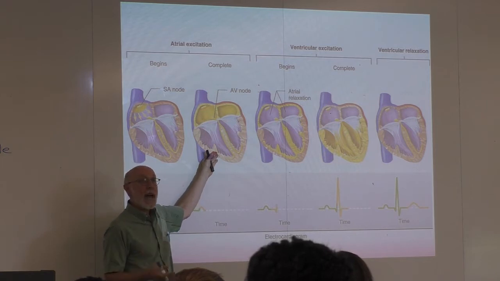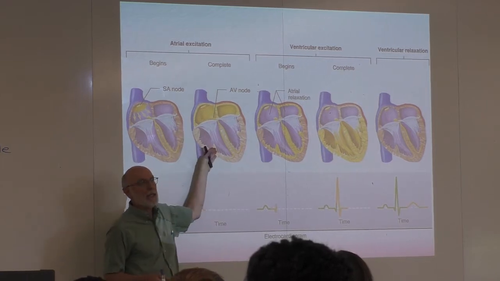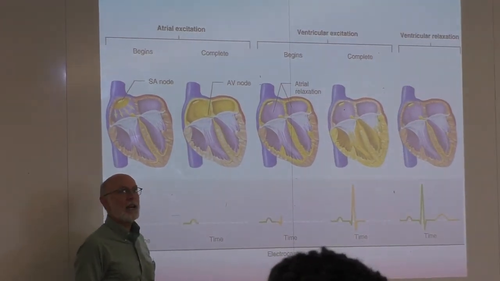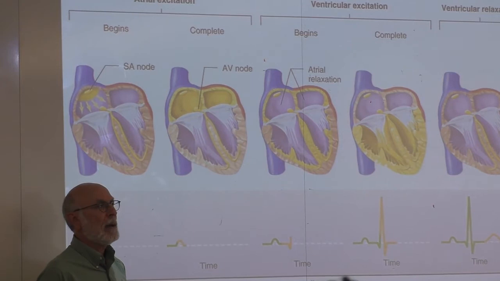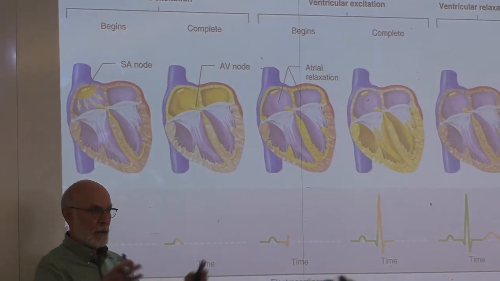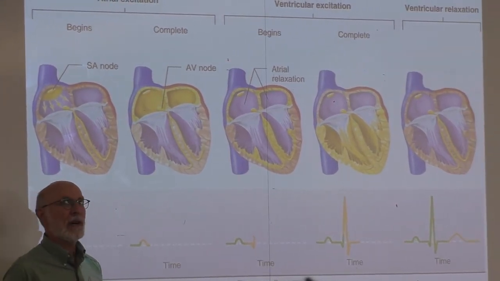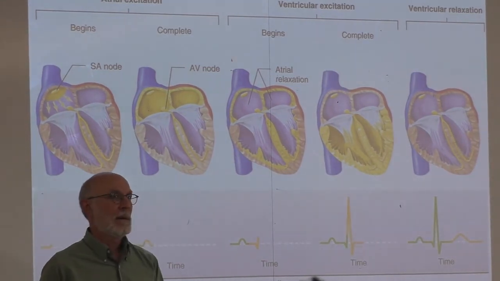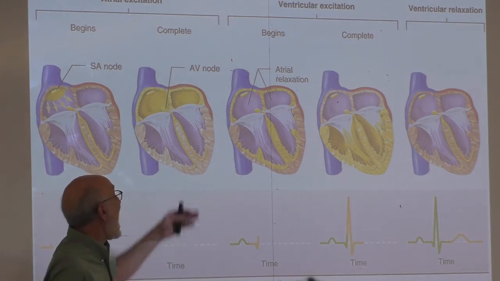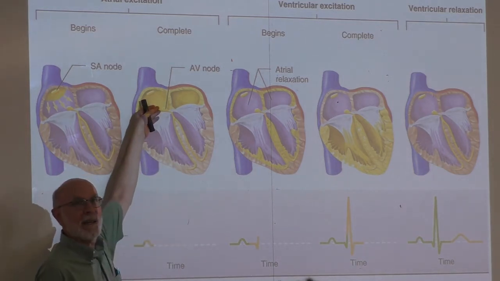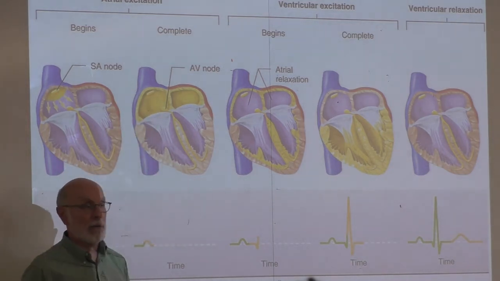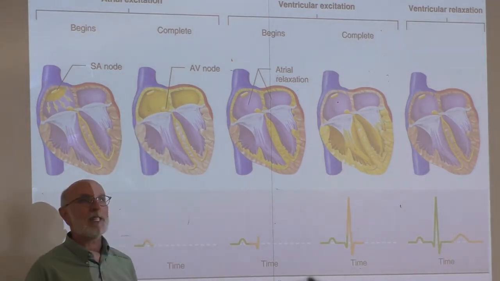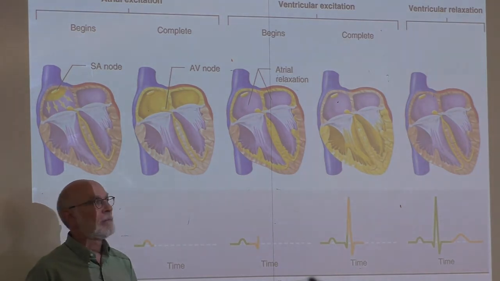Well, remember, during diastole, the blood is flowing passively from the atria to the ventricles. So my mother's cardiac output is decreased by about 20% relative to ours, but she's also in her 80s, so her cardiac output is already decreased. Is that clear? So you don't have to have an atrial systole, but we do. I'm sure all of us do, because it gives us about a 20% boost in our cardiac output.